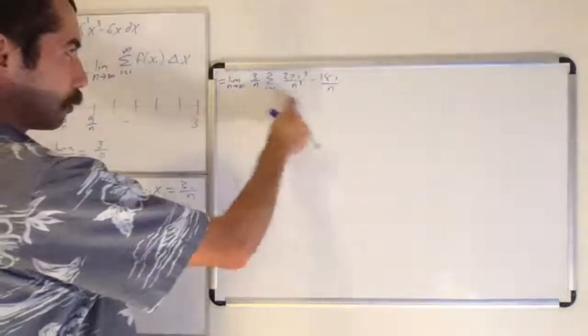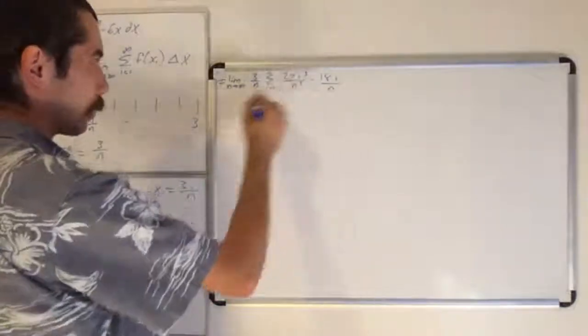And we could use one of our identities to break up this sum.